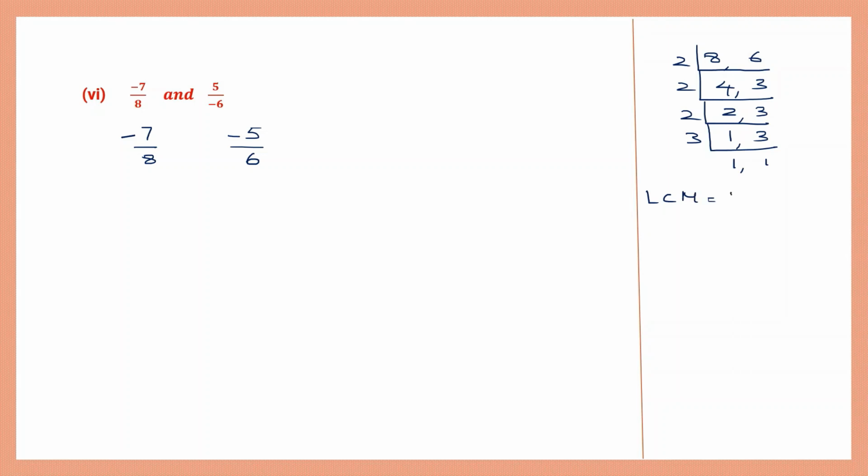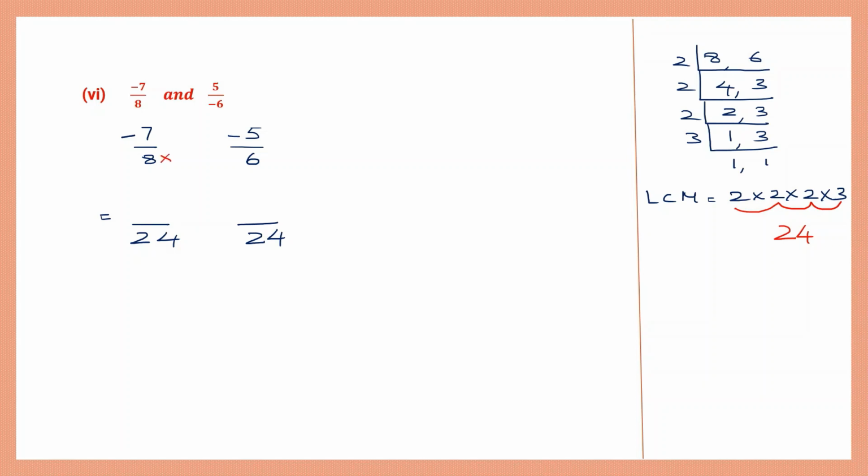LCM is 2 into 2 into 2 into 3. So what do we have? 2 2s are 4, 4 2s are 8, 8 3s are 24. So we are going to use 24 as the common denominator. So now this rational number has the denominator 24. This one also has the denominator 24.